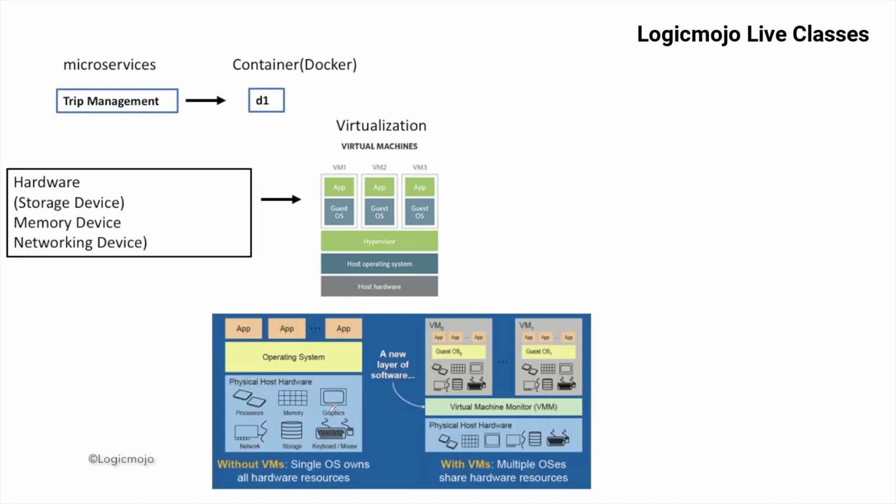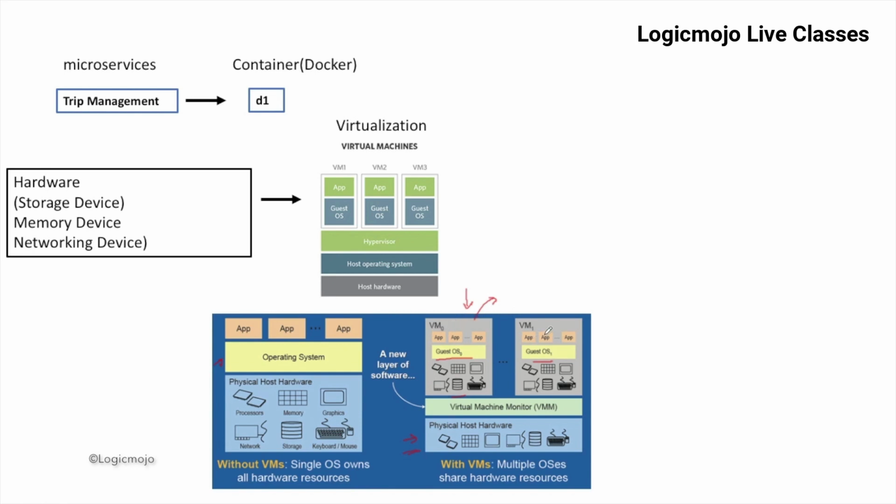So this diagram can explain it more clearly. Here we have all the hardware resources, you have a single operating system, and multiple apps can run on this operating system. Now here we have different virtual machines. Each virtual machine has its own guest operating system, and they share the same physical hardware resource. Let's say if this virtual machine requires this number of CPUs or this much RAM or any kind of storage capacity, we can assign it.